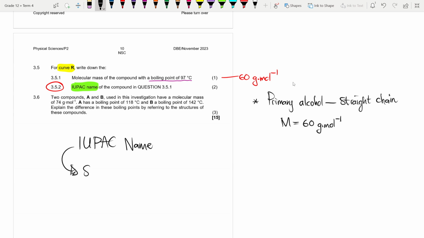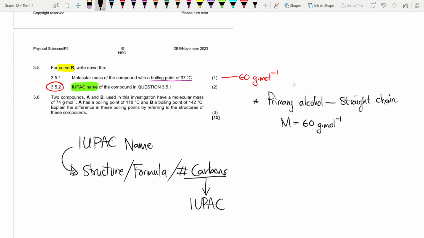Maybe I can get the structure or just the formula or the number of carbons in that chain, because if I know the number of carbons, then I can find the IUPAC name, since I know it's a straight chain. So I don't even have to worry about if one of the carbons is on a branch and stuff like that. Every carbon that is present in this molecule will be part of the same straight chain.